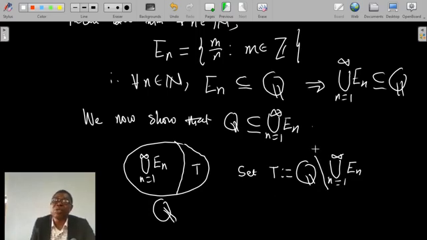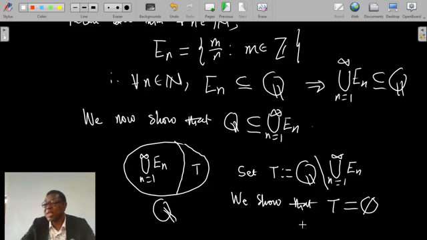Remember, this particular notation means the set difference. That is, all elements in Q that are not in this union. It is enough for us to show that T is an empty set.